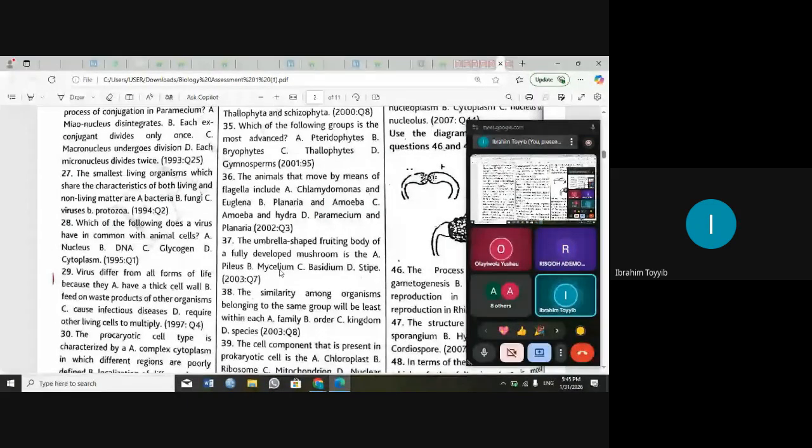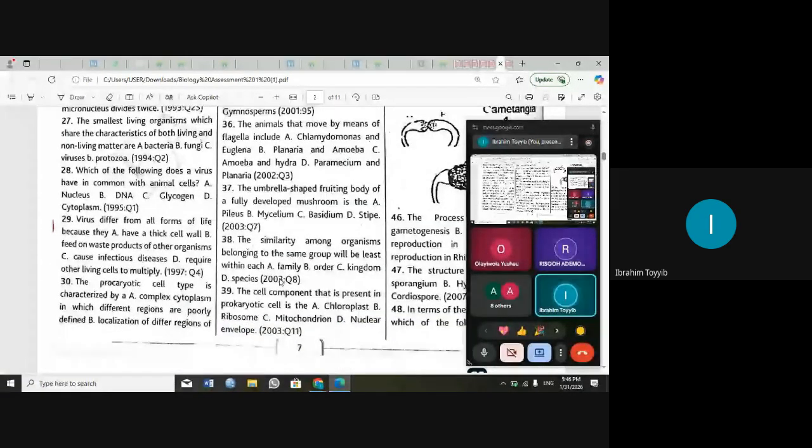It's not the Mycelium. Mycelium is the mass of hyphae. Have you seen a mushroom before? A mushroom looks like it has an umbrella on it. So that umbrella-shaped body is called the Pilus, and the mass of hyphae is called the Mycelium.